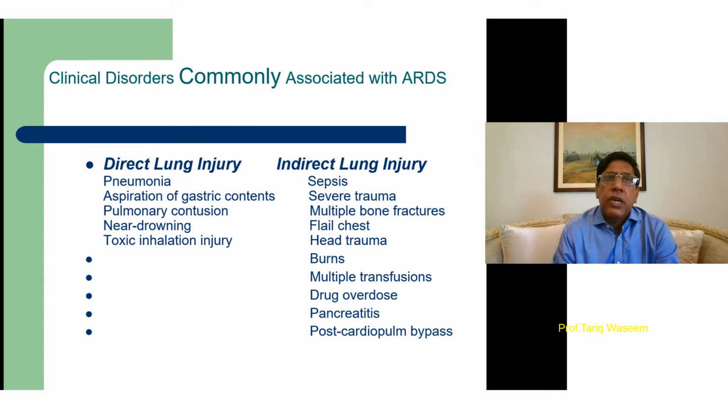So if someone receives multiple blood transfusions, the transfused blood contains some antigenic stimulation, which leads on to an activation of the immune system of the host, and this host activation can finally end up in developing ARDS, or it can lead on to inflammatory response syndrome. We already examined drug overdoses, particularly narcotics can do that. Pancreatitis, we just gave an example, and it does happen in post cardiopulmonary bypass syndromes as well.